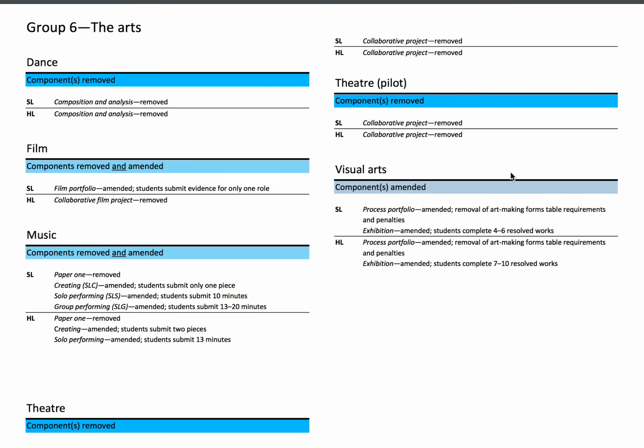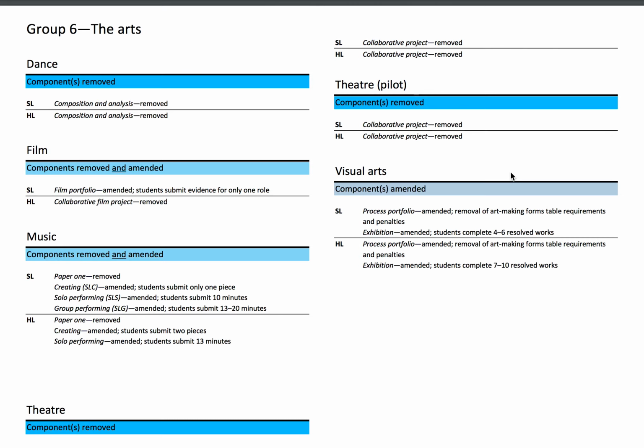Now, for group 6, let's start with dance. They removed the composition analysis question. They can submit less work. And for high level, it's pretty good because the collaborative theme project actually takes quite a substantial amount of time.